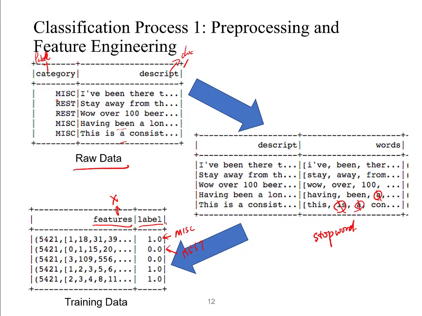So it should not be included in the feature vectors. The reason we want to keep only the important features is that we can reduce the size of the data. Even though we use Spark in a big data manner, it is still meaningful. If we can avoid handling that much data, it would be better. So this is the first step, pre-processing and feature engineering.